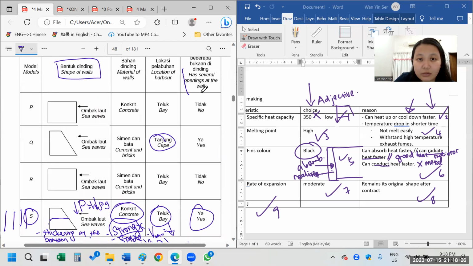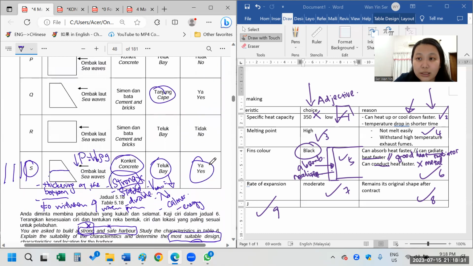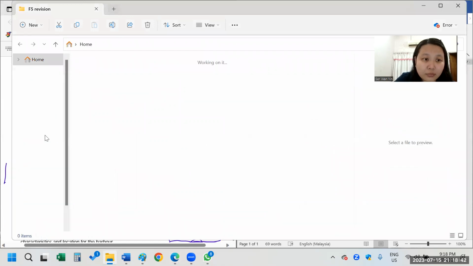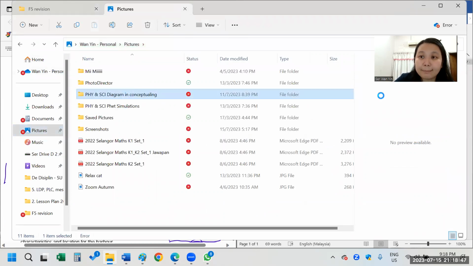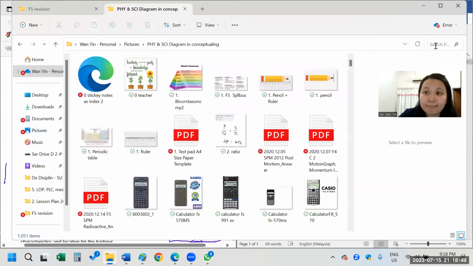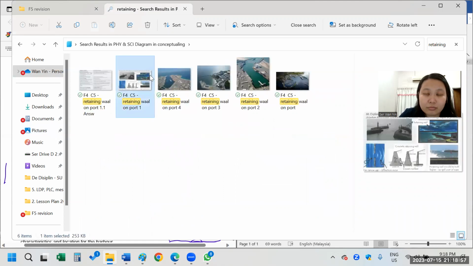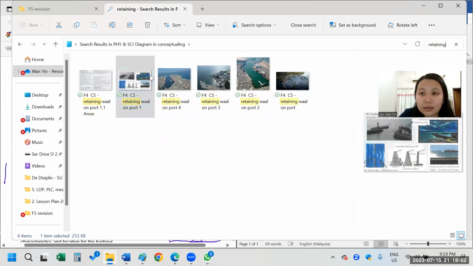Okay, so several openings at the wall so that the ship, the boat can enter. This is a real life retaining wall.